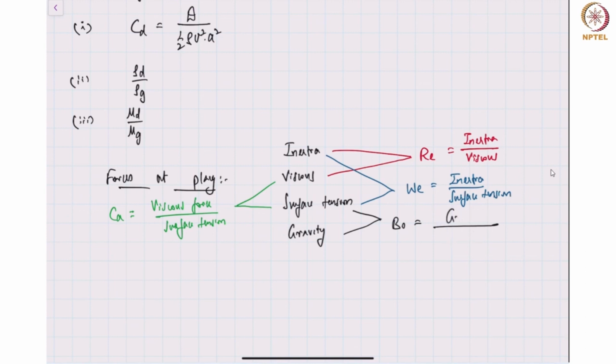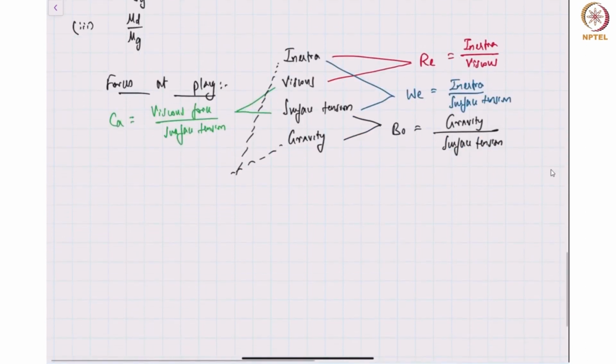It's usually gravity to surface tension for the Bond number. Remember, these are all non-dimensional groups. Now, this is not the only possibility. We have inertia to gravity that I can also write. Let me highlight that here. This is referred to as a Froude number.